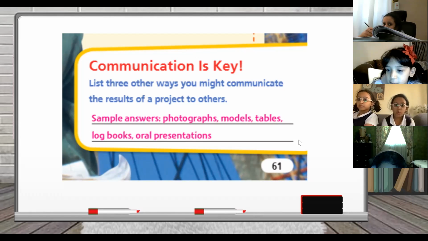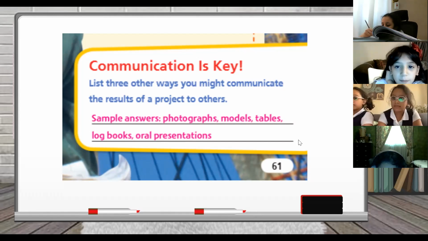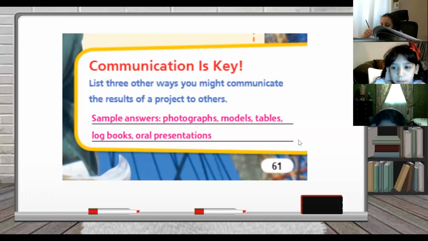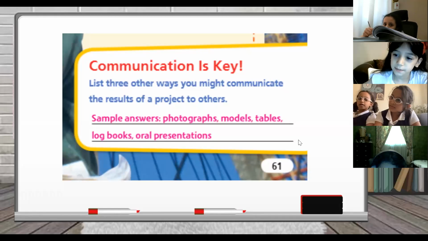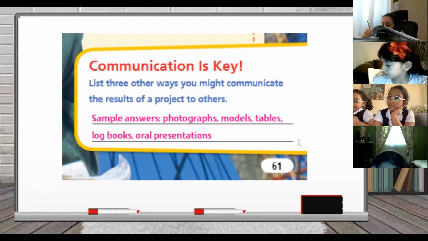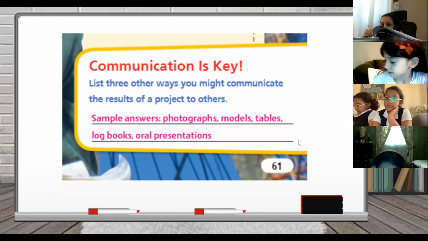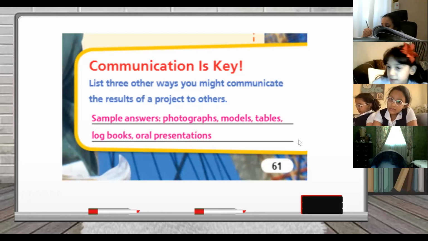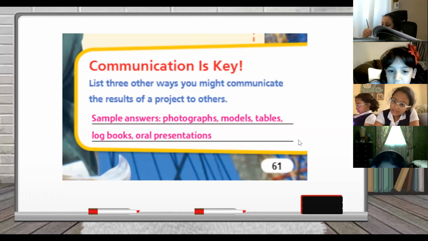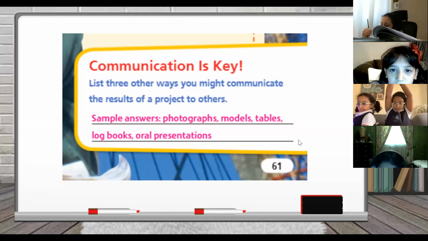Okay, data is information. Yes, it means information. So you need to make a data table, or tables full of information that you can discuss or tell them about. Okay, guys?